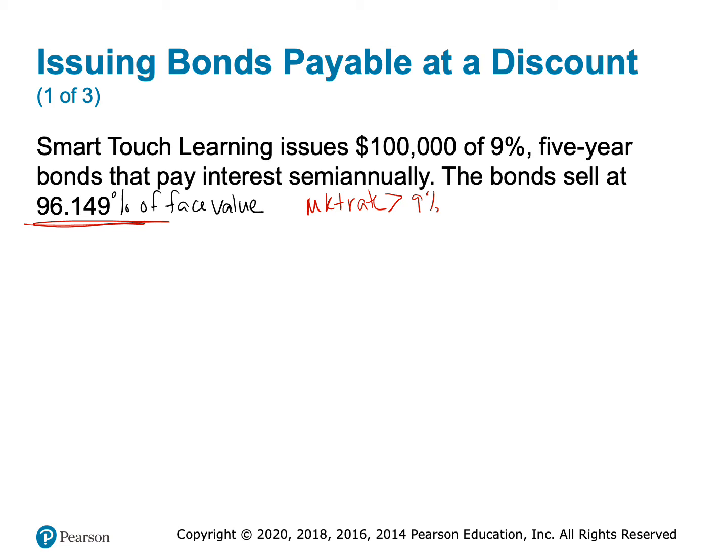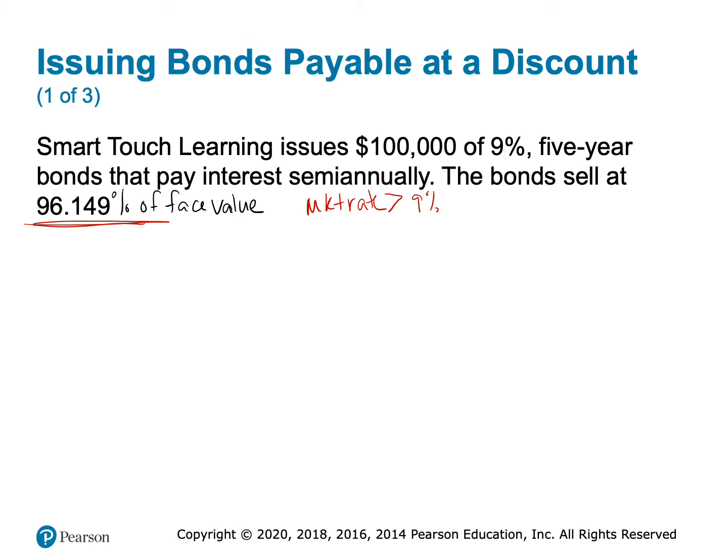In other words, the investors looked at our bond and they said 9% interest, that's not enough. Okay, so the investors are demanding more than 9% interest. I can't pay them more than 9% interest, so instead I sell the bond at less than face value.